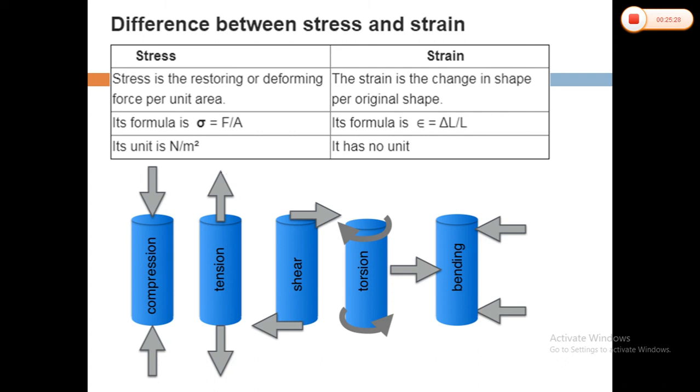In the second picture down below, you can see various types of stresses. This is all depending on the direction in which the load is applied. First one is compressive stress, that is in two opposite directions.